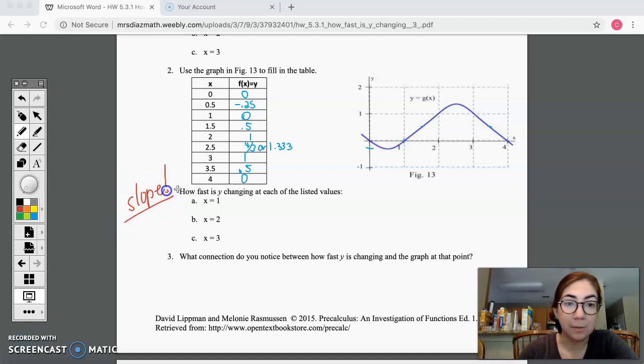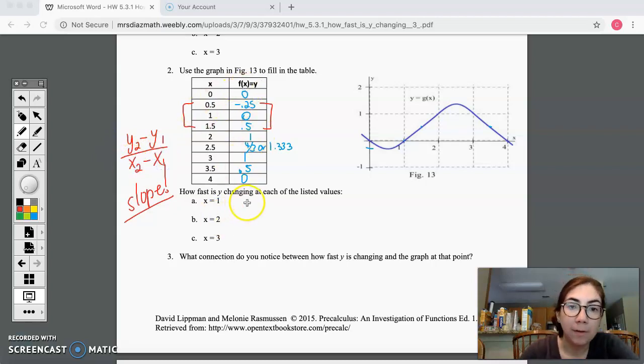So we're thinking about slope. And at 1, we want to take the values on either side of 1. So we got the y values over the x values. Remember, slope is y2 minus y1 over x2 minus x1.